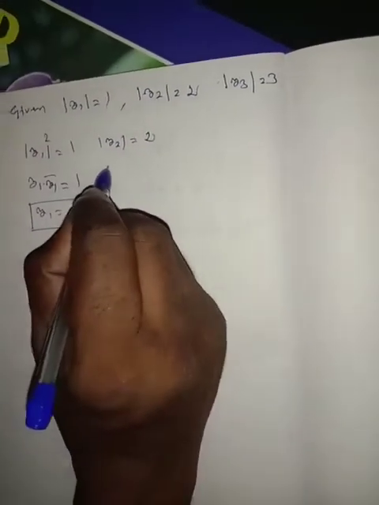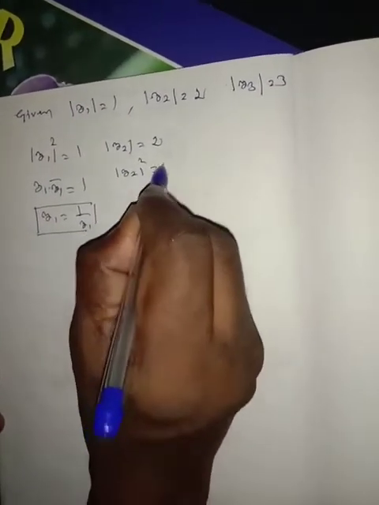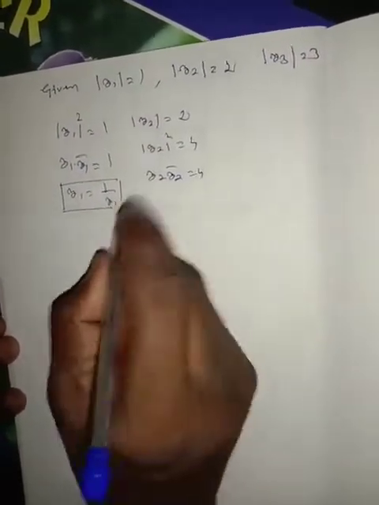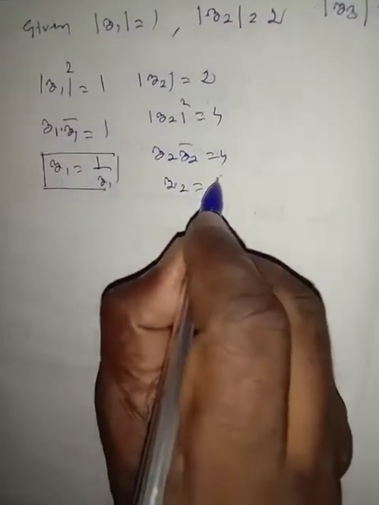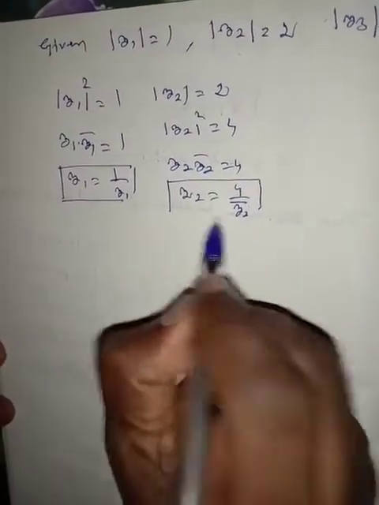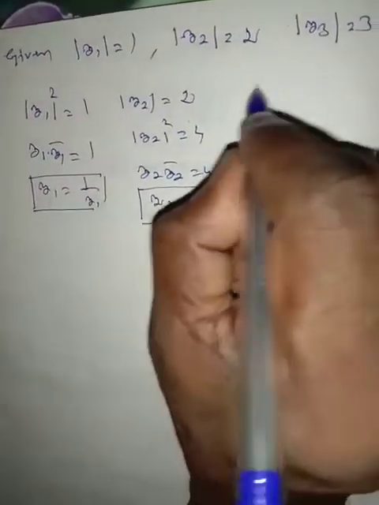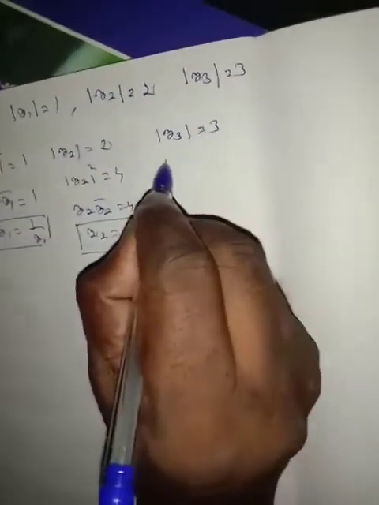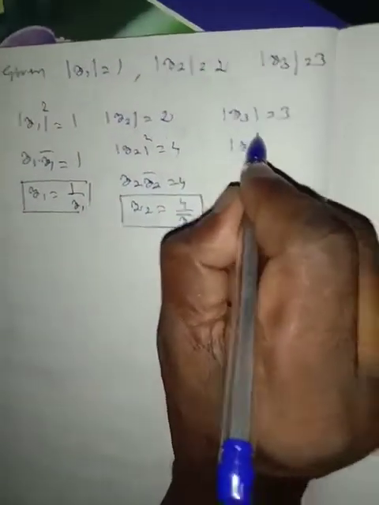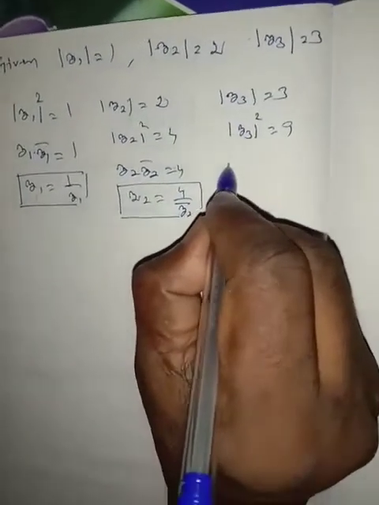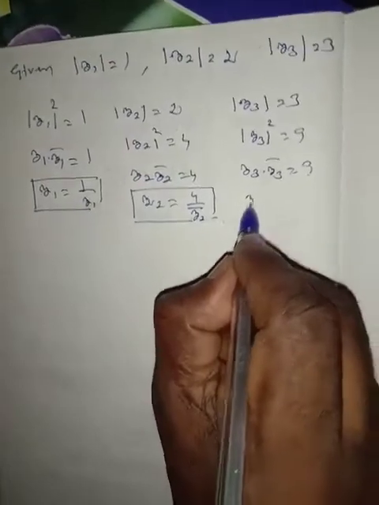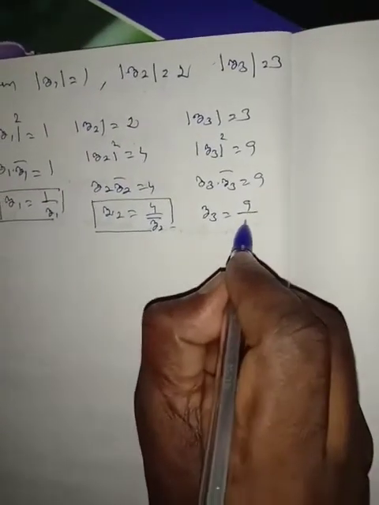Squaring on both sides, Z2 times Z2 bar is equal to 4, so Z2 is equal to 4 divided by Z2 bar. Next, mod Z3 is equal to 3. Squaring on both sides, Z3 times Z3 bar is equal to 9, so Z3 is equal to 9 divided by Z3 bar.